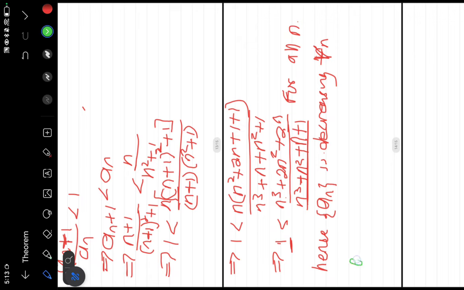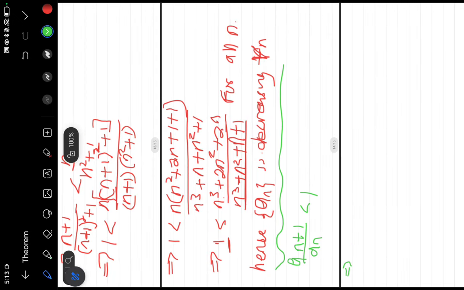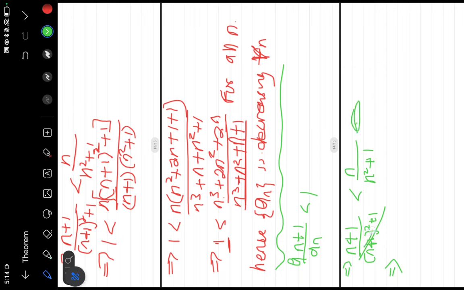Some would say, let me just say, maybe, a of n plus 1 over a of n is less than 1, right? Which would imply, then you write your equation first. You had your (n plus 1) all over (n plus 1) squared plus 1, which is less than n over n squared plus 1. Then someone would say, let me multiply this side by this, and this side by this, or you cross multiply.